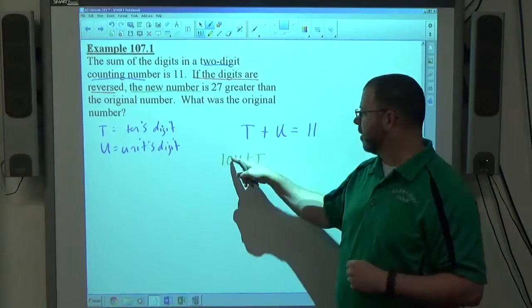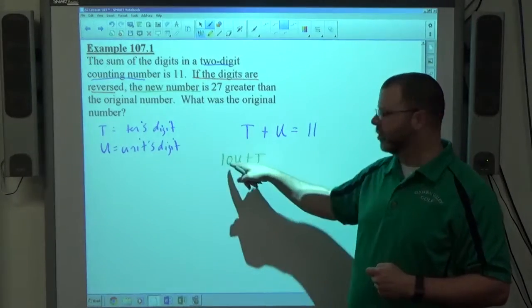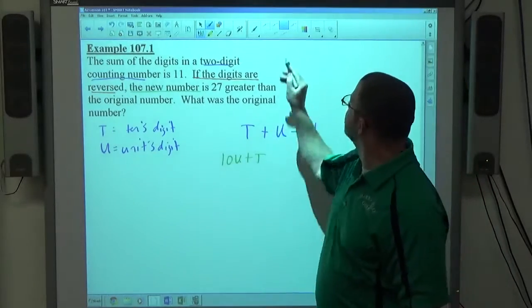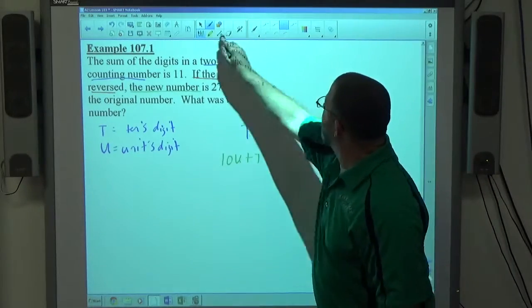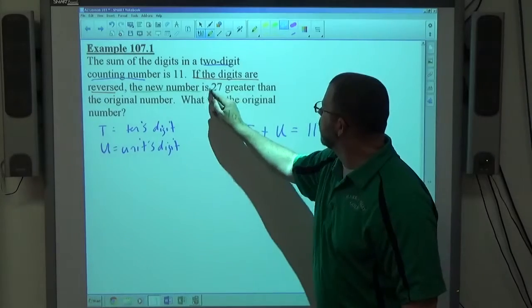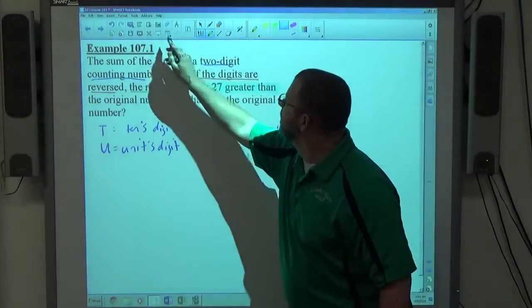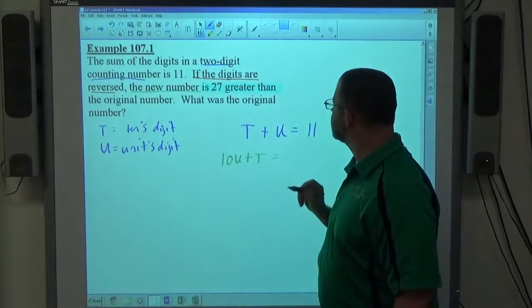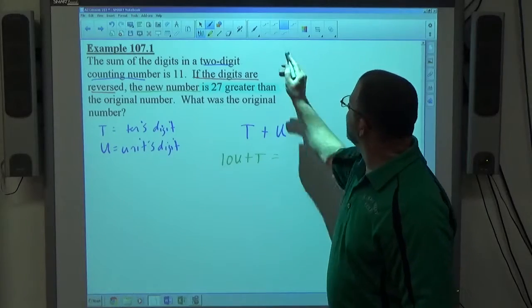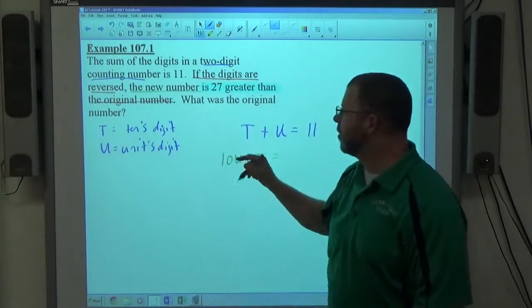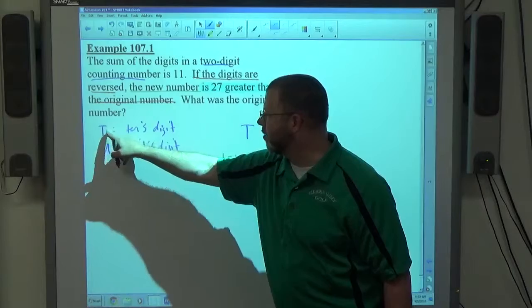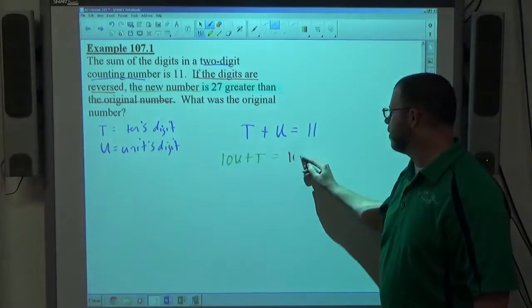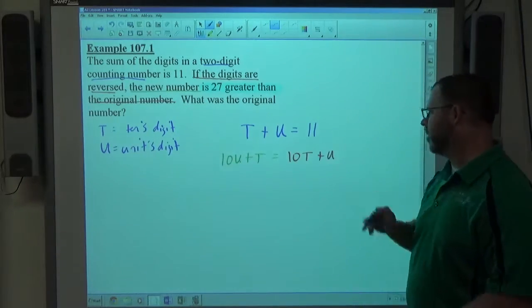Units digit in the tens place, tens digit in the units place, so 10u plus t is the new number. We always ignore greater than, less than statements, so 27 greater than is just an equal sign for right now, and then the original number. The original number is the original position of tens digit, units digit, so 10t plus u is the original number.